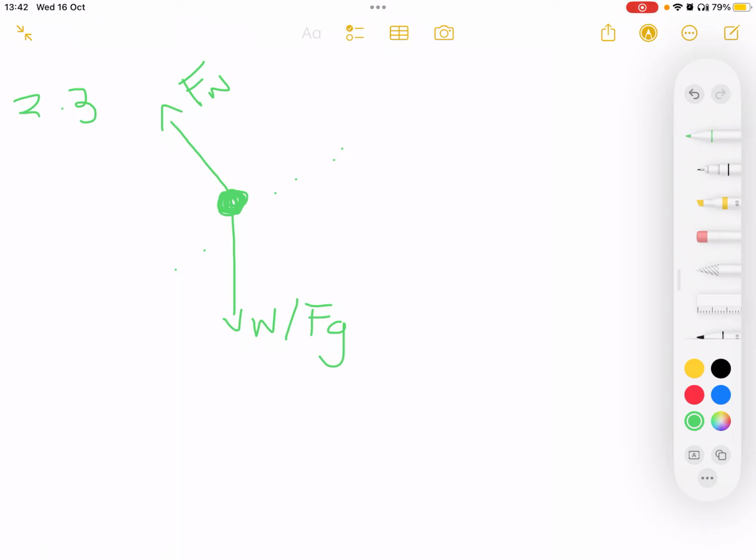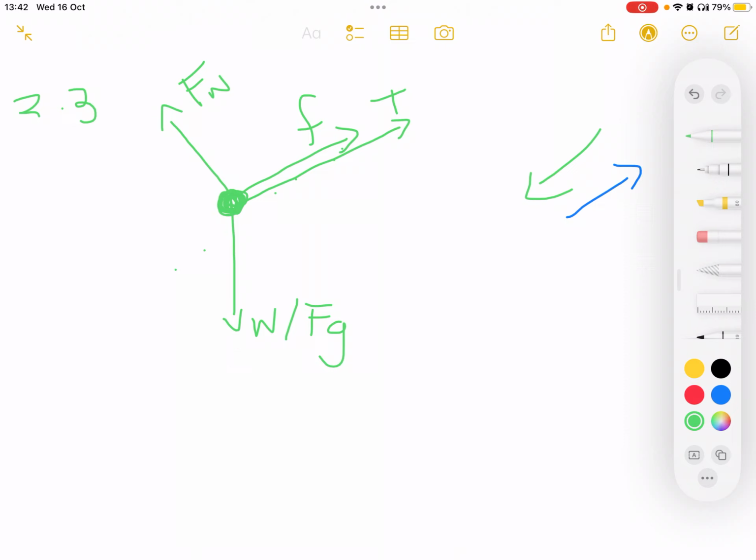Then next up, if our object is going in this direction, that means its friction is opposing and going in this direction. Therefore, our friction has to go in this direction. And this is tied up to a string that has what? Tension.